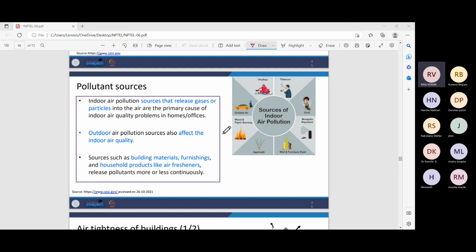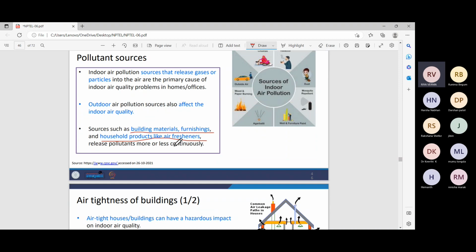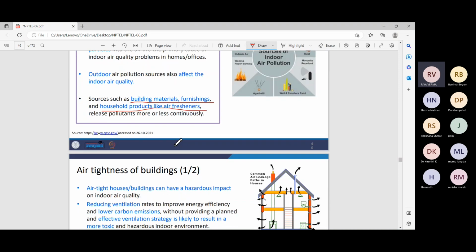Then the outdoor sources of pollution also affect the indoor air quality. And then we also have sources such as building materials, furnishings, and household products like air fresheners. These also release pollutants in lesser or greater amounts.